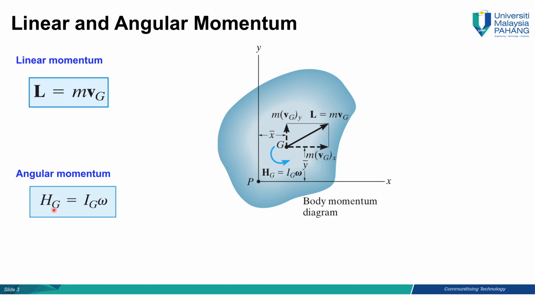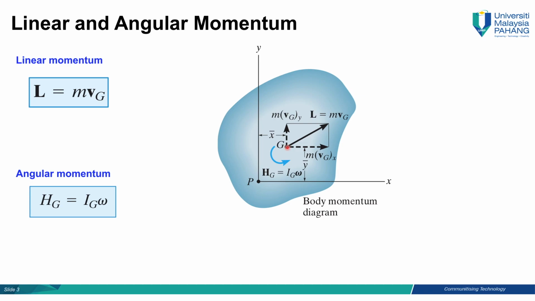Let's say we are calculating about an axis passing through G, the center of gravity. So we write this as Hg. The angular momentum is represented by symbol H. Now Hg is equal to the mass moment of inertia about G, Ig, times the angular velocity omega. So the angular momentum is equal to I times omega. This is the angular momentum calculated about the center of gravity.